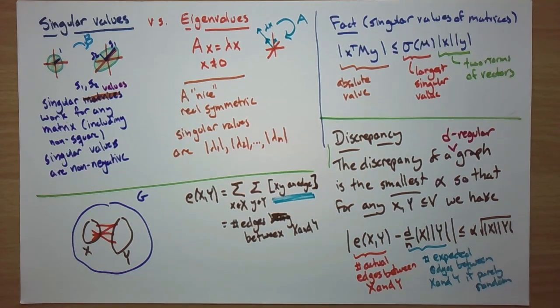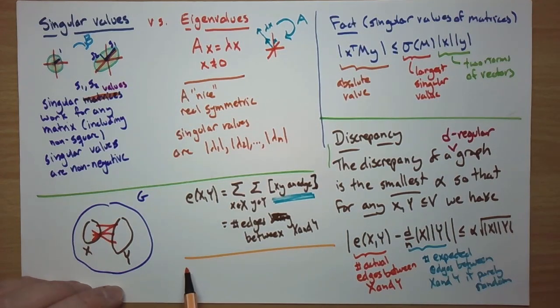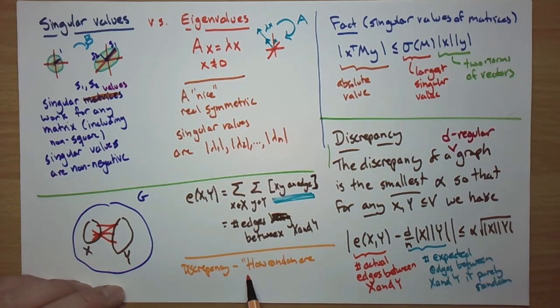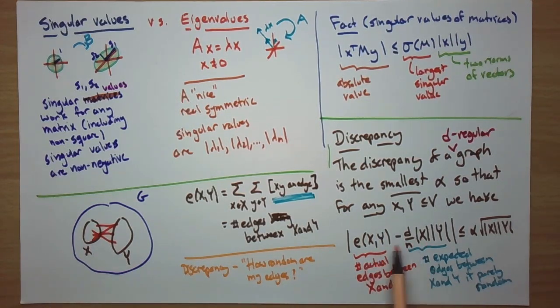Kind of like an error, like variance sort of thing? One way I like to say it is, discrepancy is asking the question, how random are my edges? A small discrepancy would tend to say that these numbers are very close.